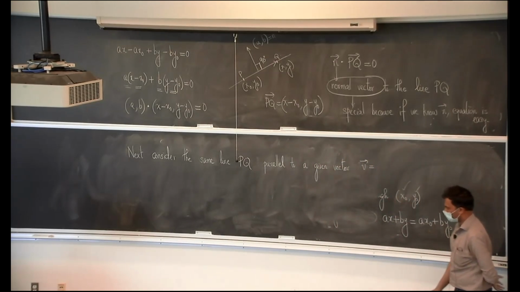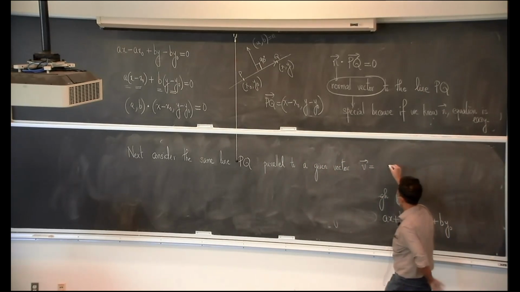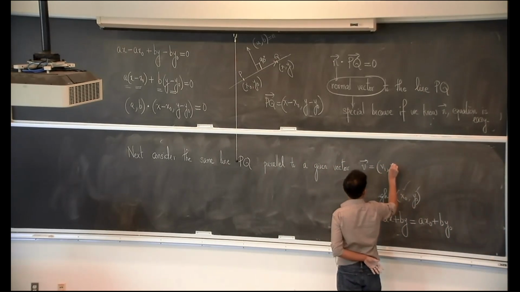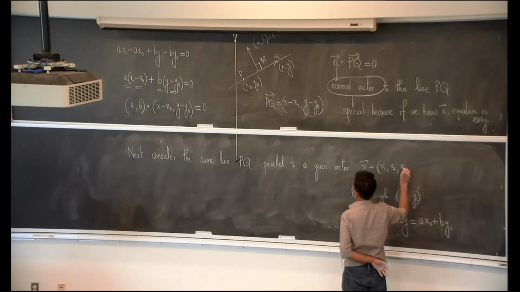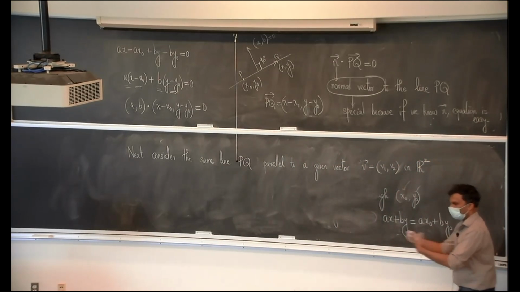I think the textbook uses the letters A, B, C for that, which is a bit confusing because we just used AB for the normal vector. So I'm just going to use V1, V2, V3 here. Or V1, V2 for now, in R2. Once we understand this in R2, we can go into R3.